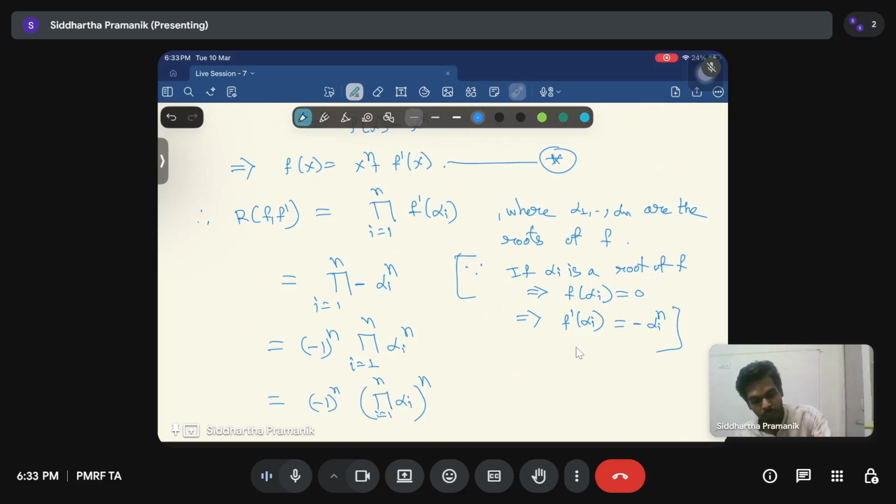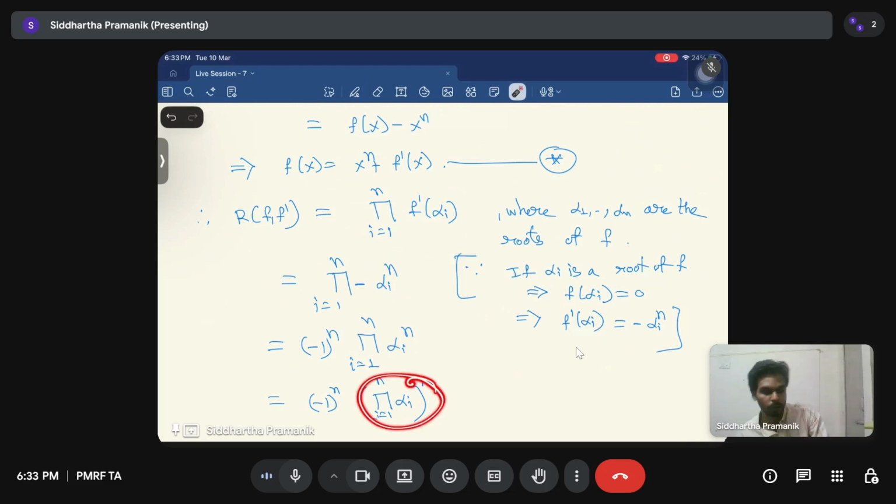Now we know how to find the product of the roots using the coefficients of the polynomial. There is a formula for that.